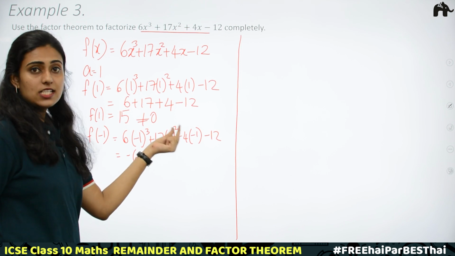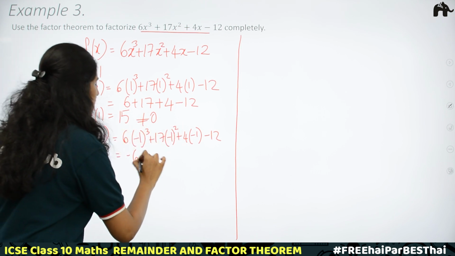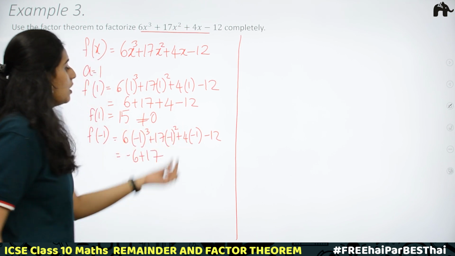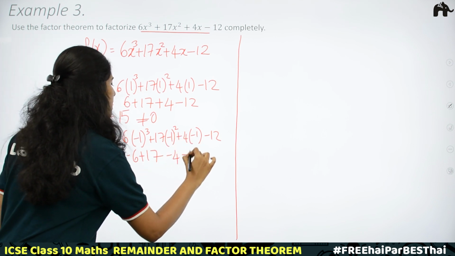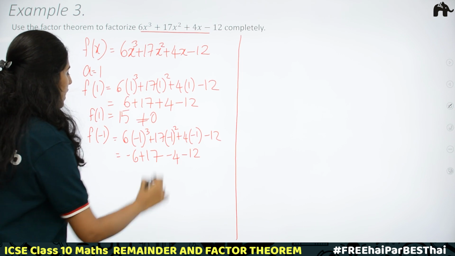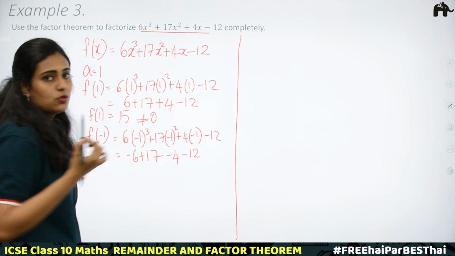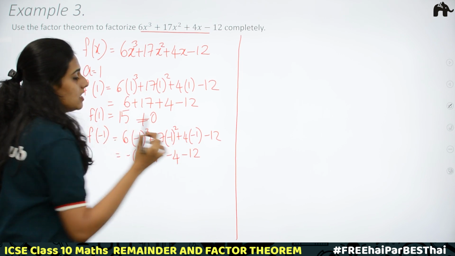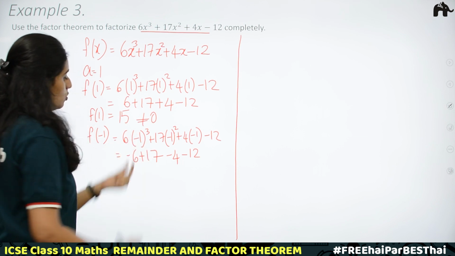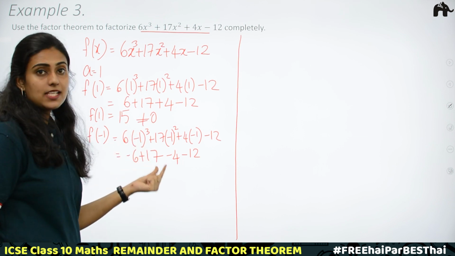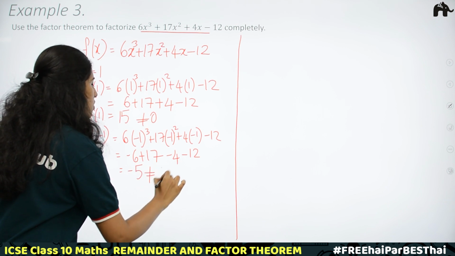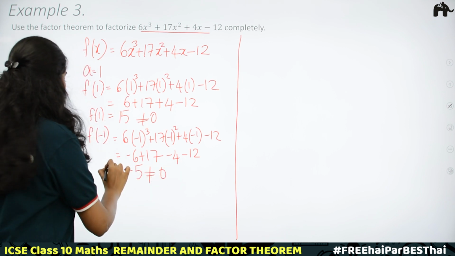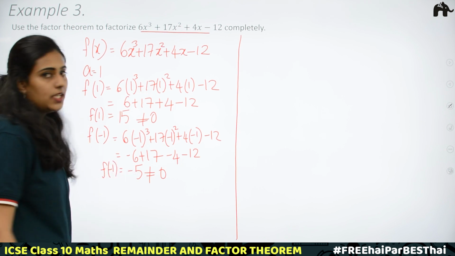Minus 1 square is plus 1 into 17 is 17. 4 into minus 1, minus 4, minus 12. Okay, minus 6, minus 4 is minus 10, minus 10 minus 12 is minus 22. Minus 22 plus 17, that is minus 5. Minus 5 is also not equal to 0. F of minus 1 cannot be taken.